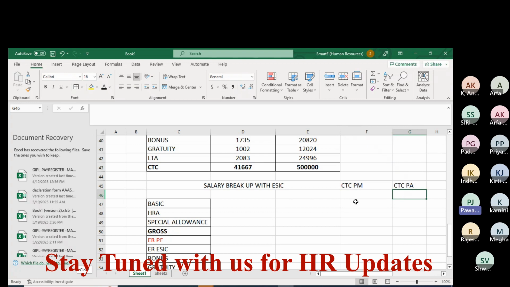So basically, we are going to break up a salary of 21,000. That means we can do this, no? 2,20,000 divided by 12. 15,000.